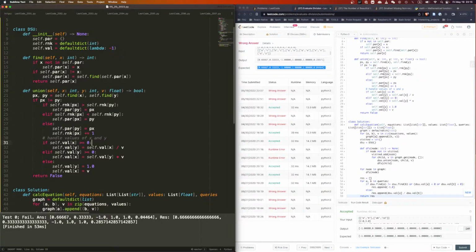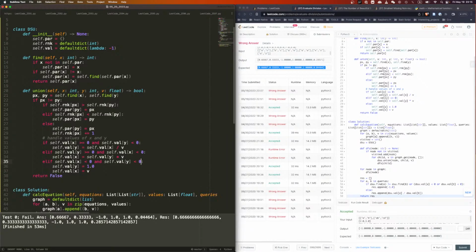Well, we shall say if self.val x is larger than 0 and self.val y is smaller than 0, perfect. If self.val x is smaller than 0, perfect. Elif self.val x is smaller than 0 and self.val y is smaller than 0.